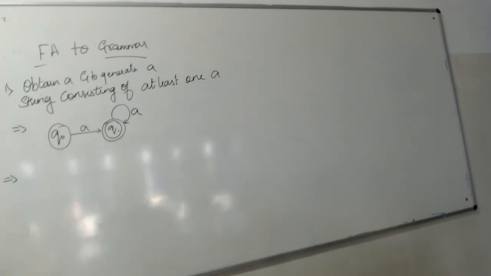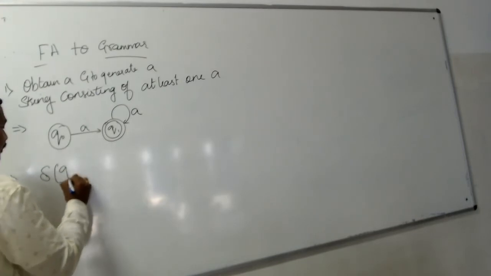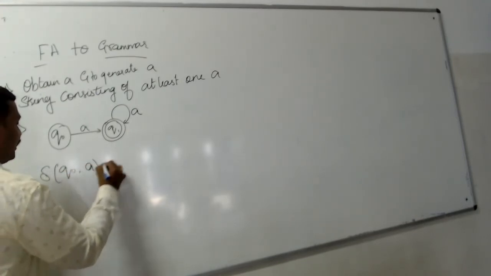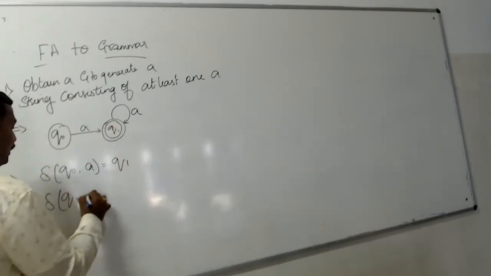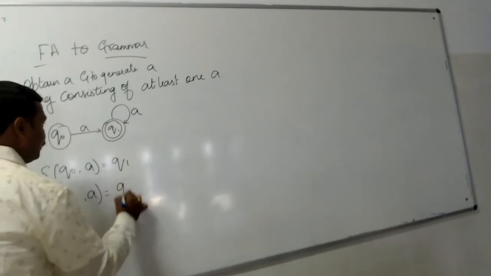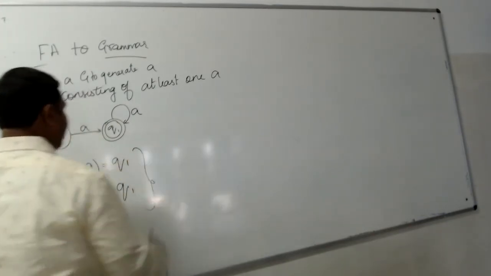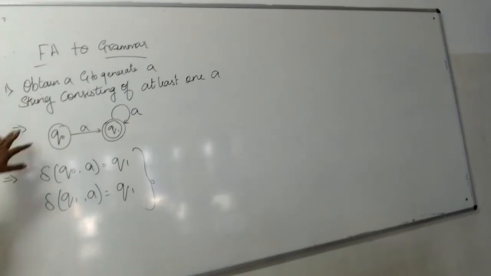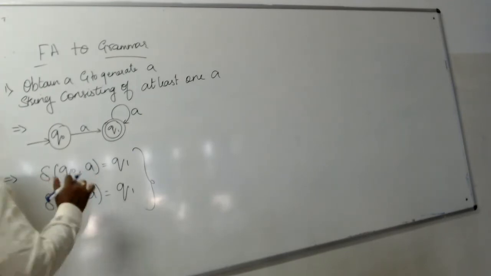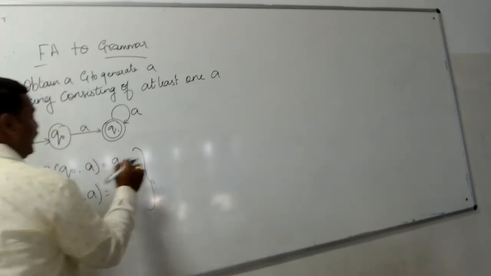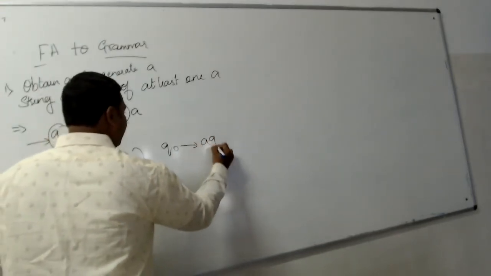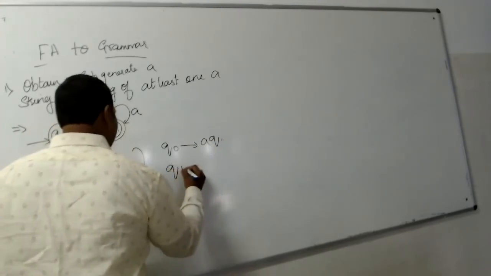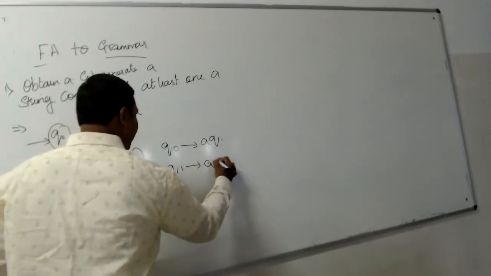So here, transition of q0 on A is going to q1, and transition of q1 on A is moving to q1. So these productions can be written as follows. The epsilon production does not come, because the starting state is not a final state. So transition of q0 on A goes to q1, so q0 tends to a q1, and q1 tends to a q1.